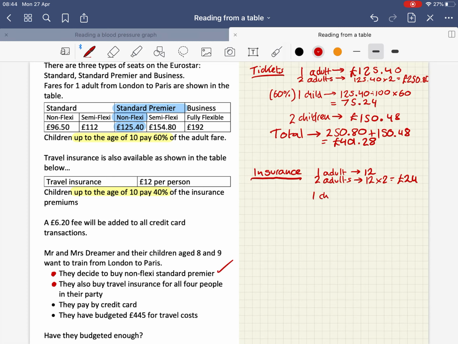Then 1 child, as we highlighted earlier in yellow, they only pay 40% of the total cost. So 1 child, I'm going to take that 12, divided by 100, times by 40, and so that is just going to be £4.80. And so 2 children, taking that £4.80, times it by 2, which will give you £9.60.